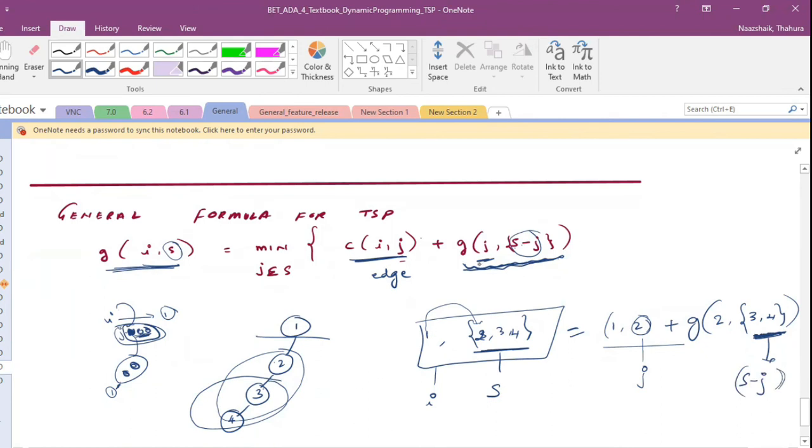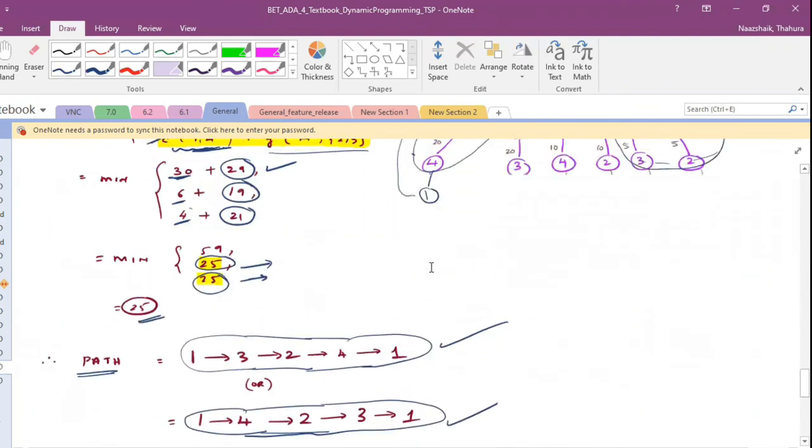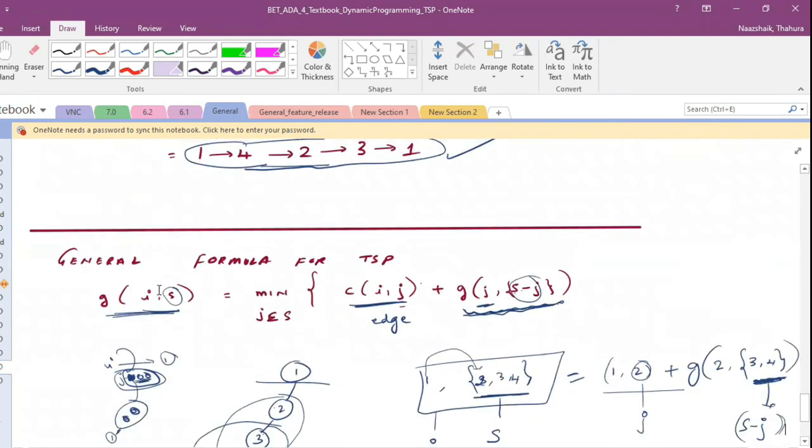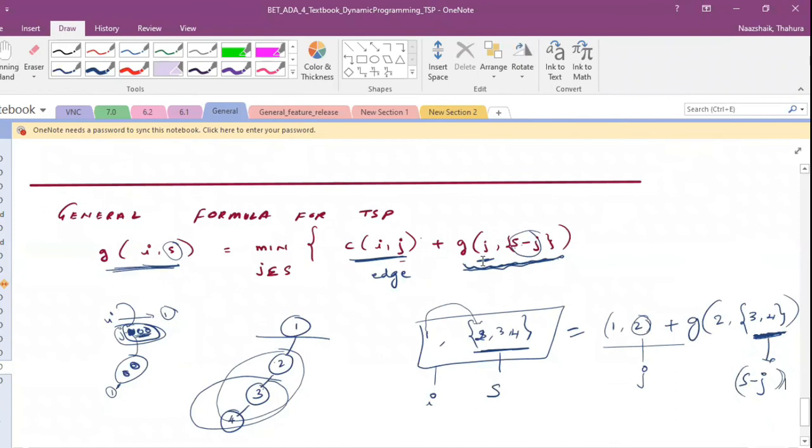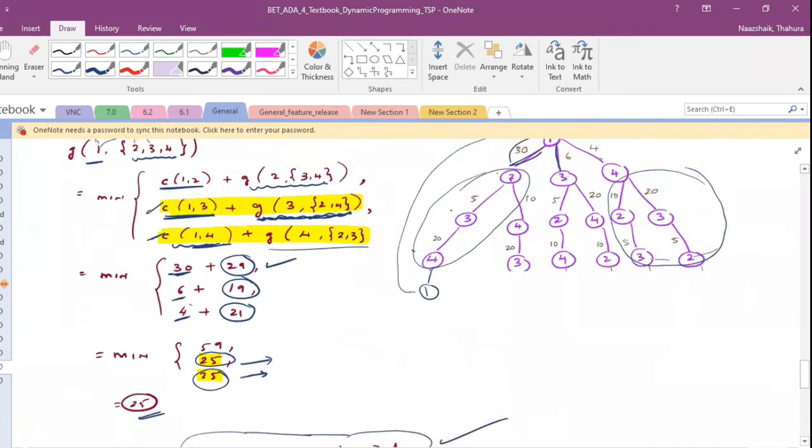This may sound a little confusing. So if you apply these 3 steps, finally you will be able to understand what this formula is actually saying. Okay. So that's all about the traveling salesman problem.